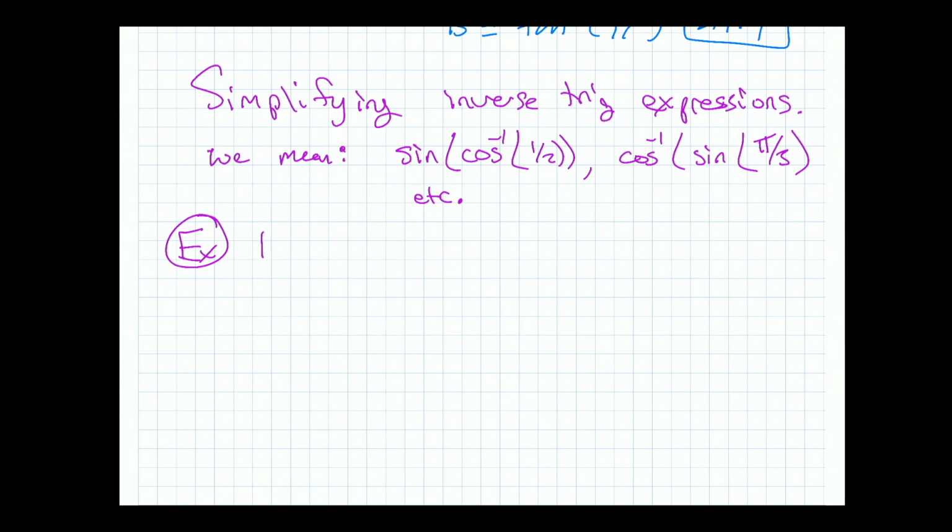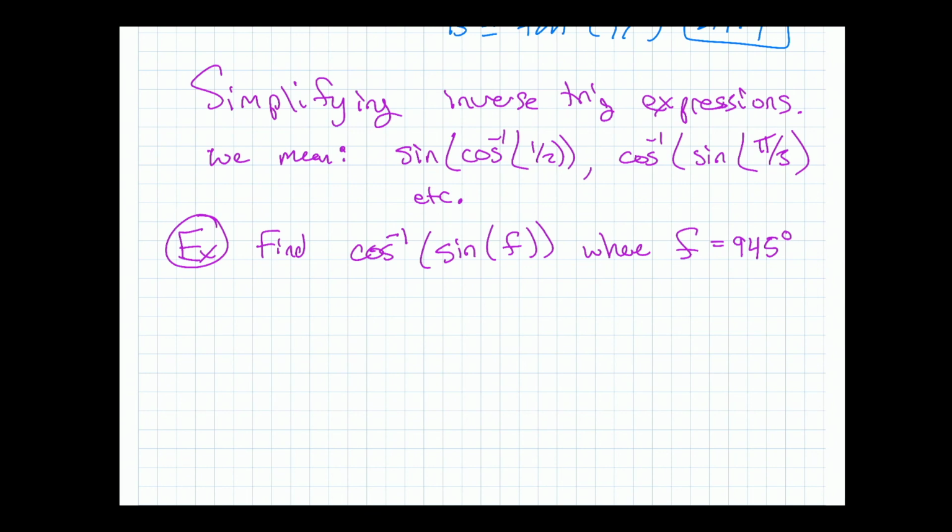So they say find cosine inverse of sine of f, where f equals 945 degrees.